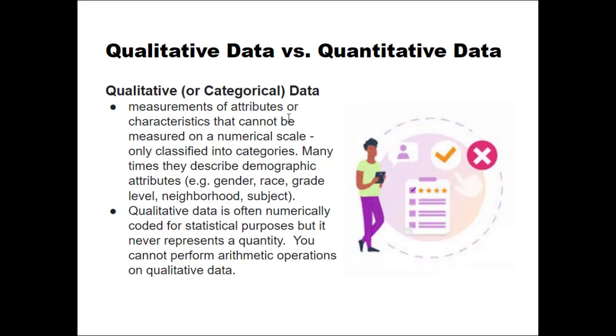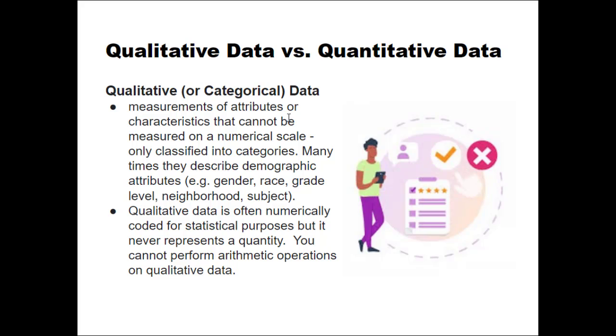The entire topic of types of data will be discussed in another video. So for the purposes of this video, I'm just going to discuss two types of data: qualitative data and quantitative data. Qualitative data, or categorical data, describe qualities about that particular person or thing. These qualities cannot be measured on a numerical scale.